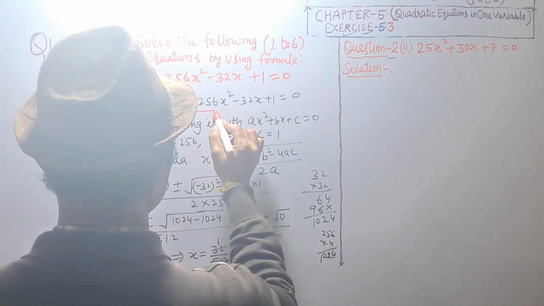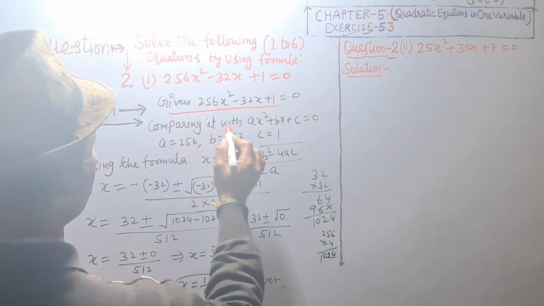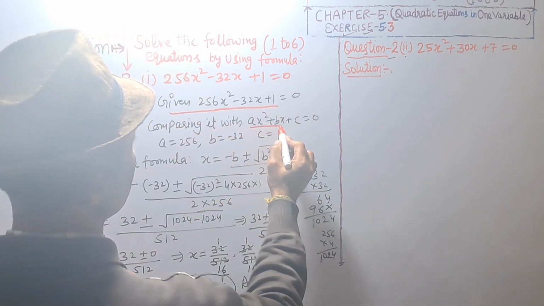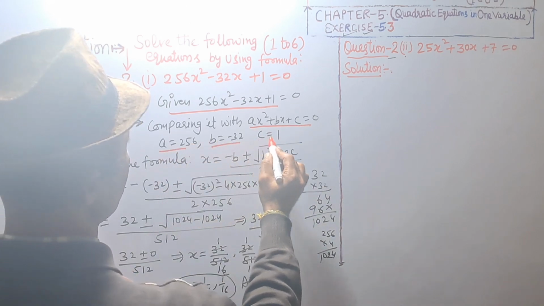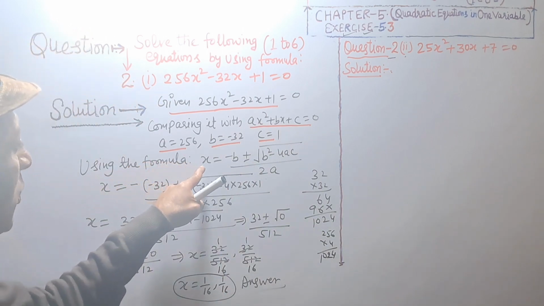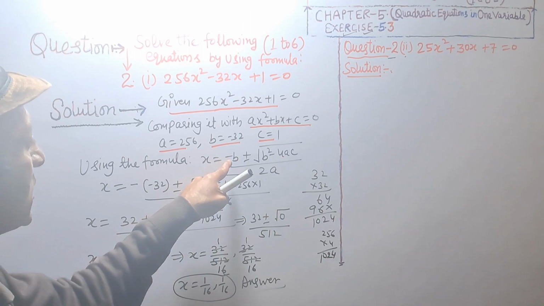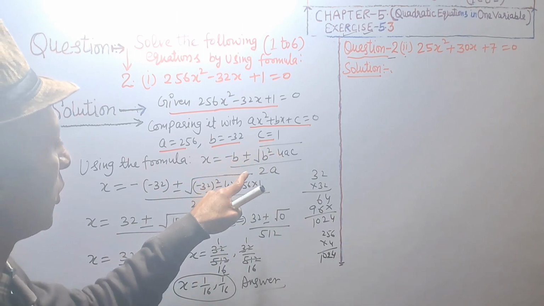Given 256x square minus 32x plus 1 equal to 0, we are comparing it with ax square plus bx plus c equal to 0. A is equal to 256, b is equal to minus 32 and c is equal to 1. We are using the formula x equal to minus b plus minus root b square minus 4ac upon 2a.